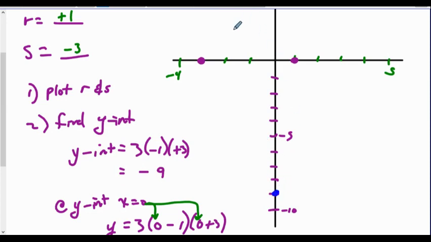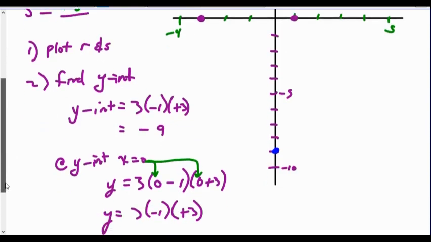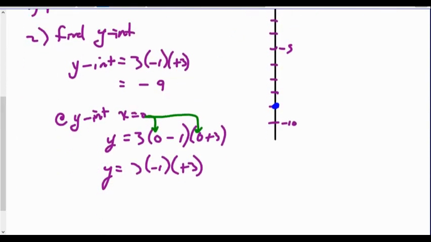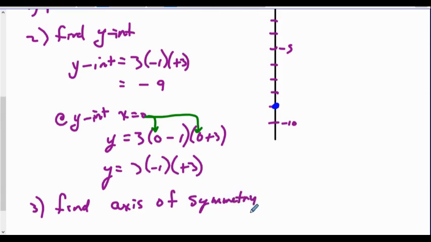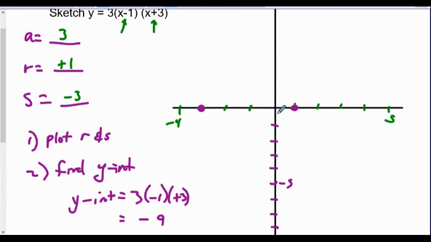The other thing we're going to do, step 3 in doing this, is find the axis of symmetry. There are lots of ways to find the axis of symmetry, and I think we did this in a previous video. But I know that because my graph is symmetrical, it has to be halfway between those 2 points right there.